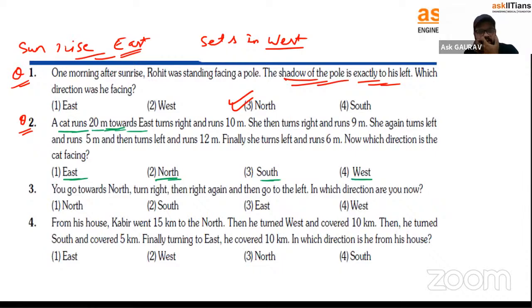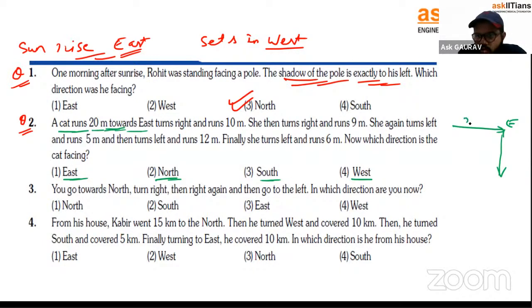You won't worry about the distance because in this question only the direction is asked. So the cat runs 20 meters towards east. This is the east. So the cat runs here towards east, turns right and runs 10 meters. Then she turns again right and runs 9 meters.